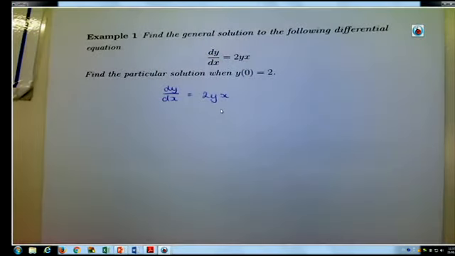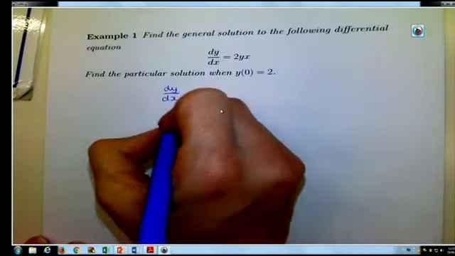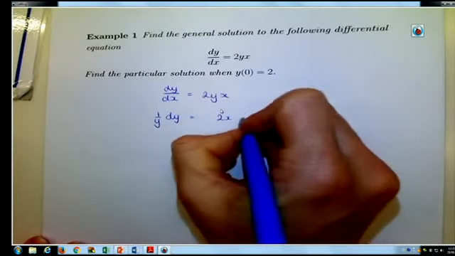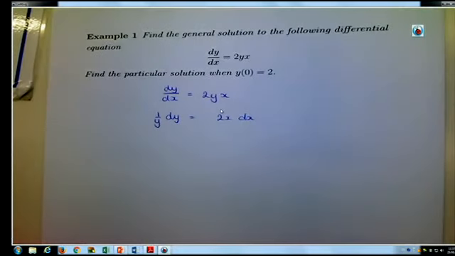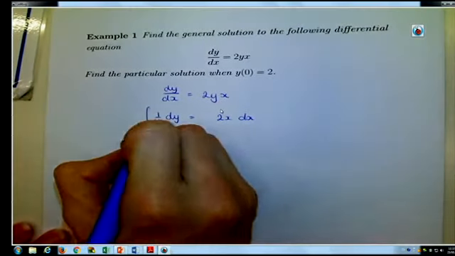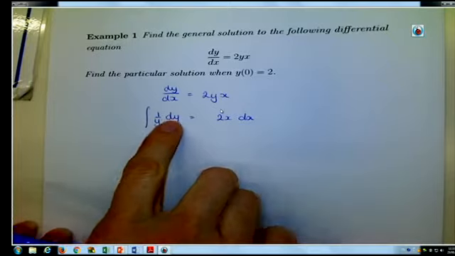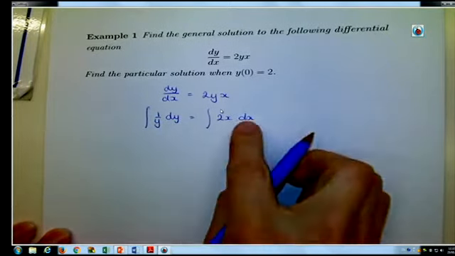Okay? So put all the y's on one side and all the x's on the other side. Okay, so that's the separate part. I've separated them. Now that they're separated, I can integrate this one with respect to y, and this one with respect to x.